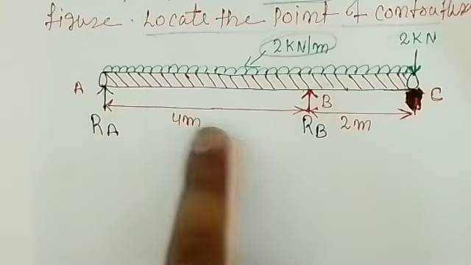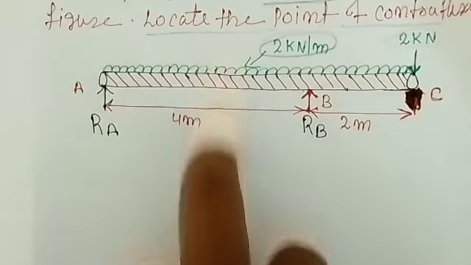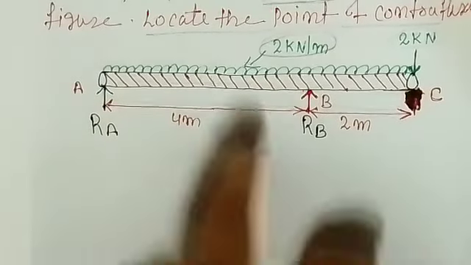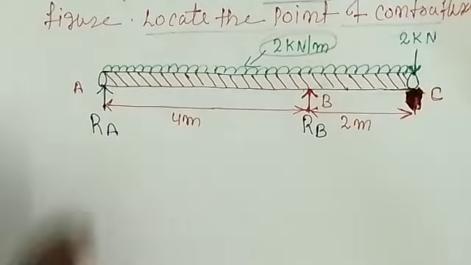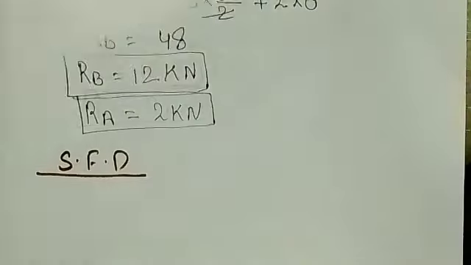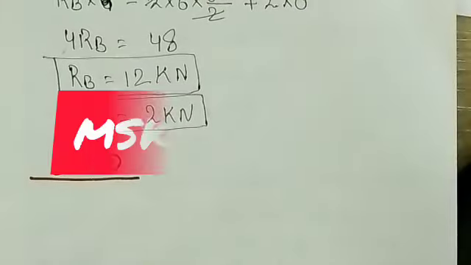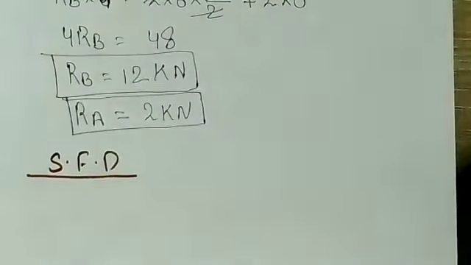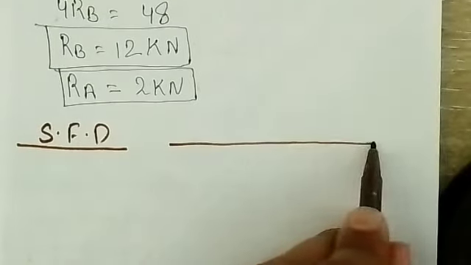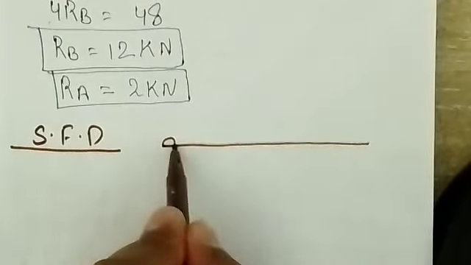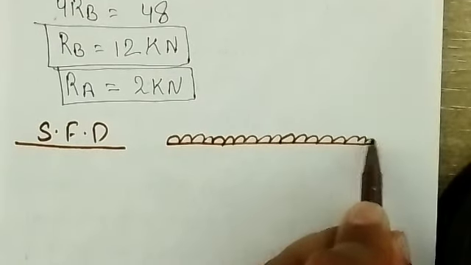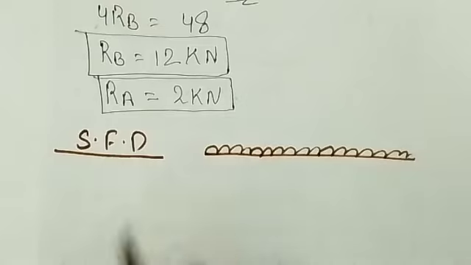Now I can consider any section XX between A and B, and at that section we will find the shear force equation. For simplicity, I'll draw one figure, whatever figure is given to you right now, so it's better to understand. Let's say this is your beam and the UDL is acting over the beam.